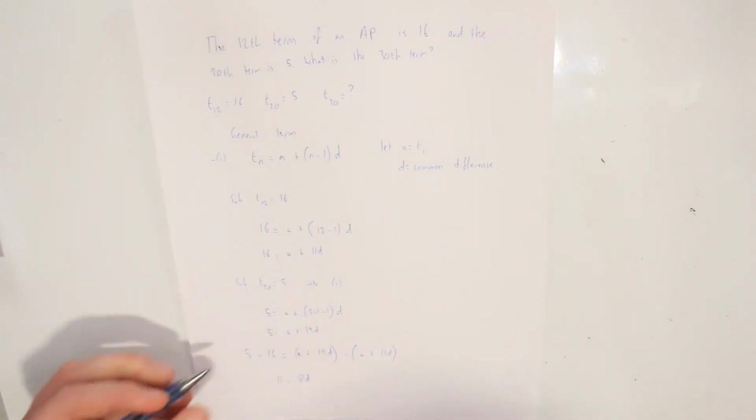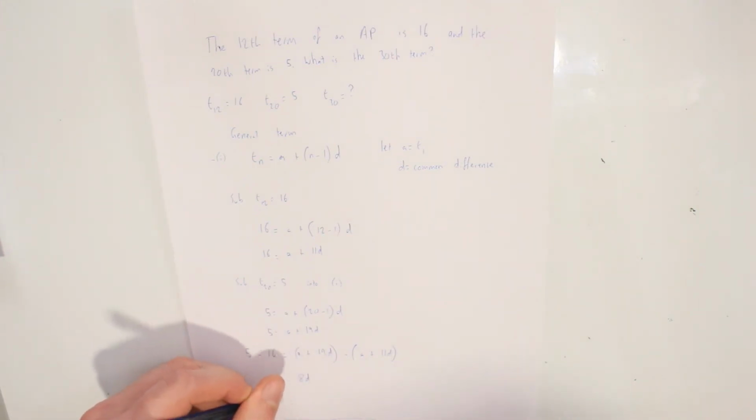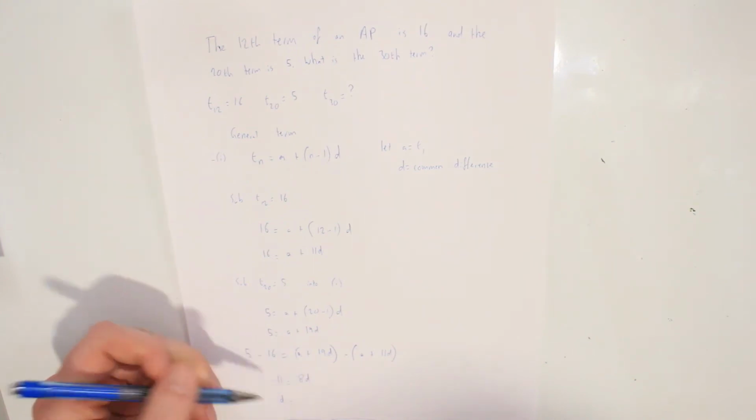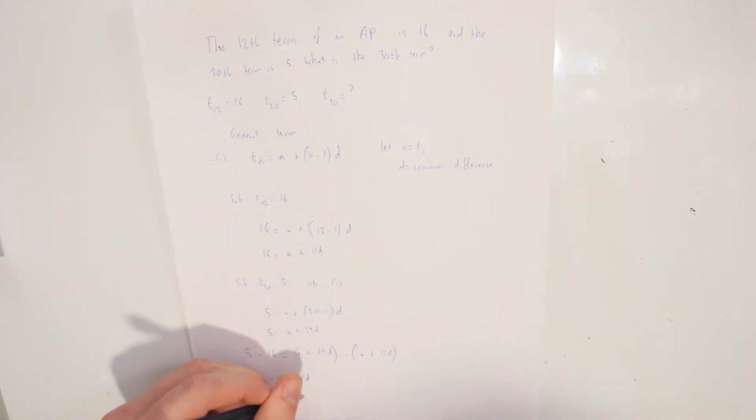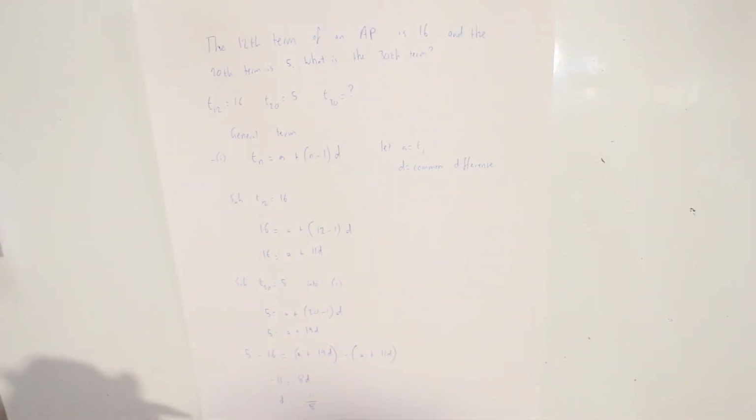Now, how do we get d by itself? Well, d is being multiplied by 8, so we divide both sides by 8, negative 11 divided by 8. I'm just going to leave it as a fraction for now because it would be a messy decimal.